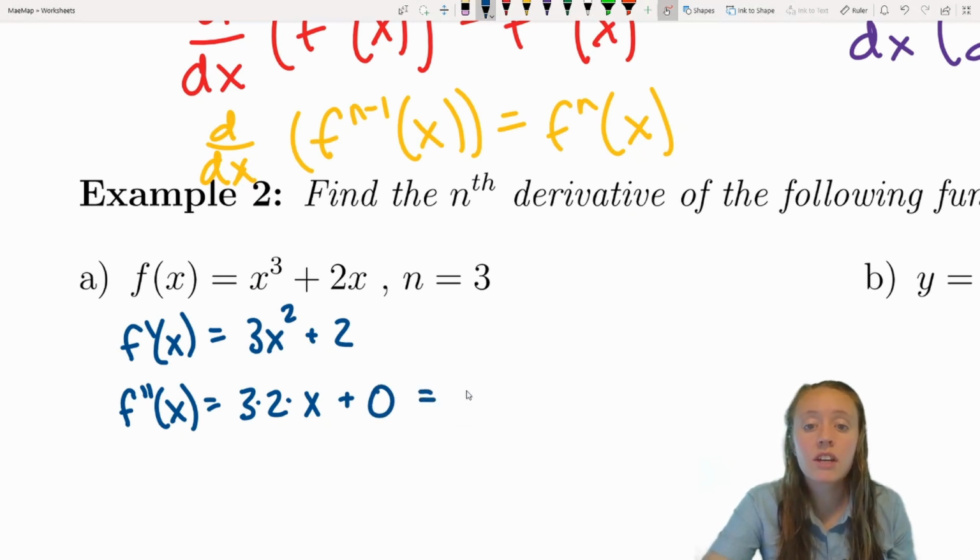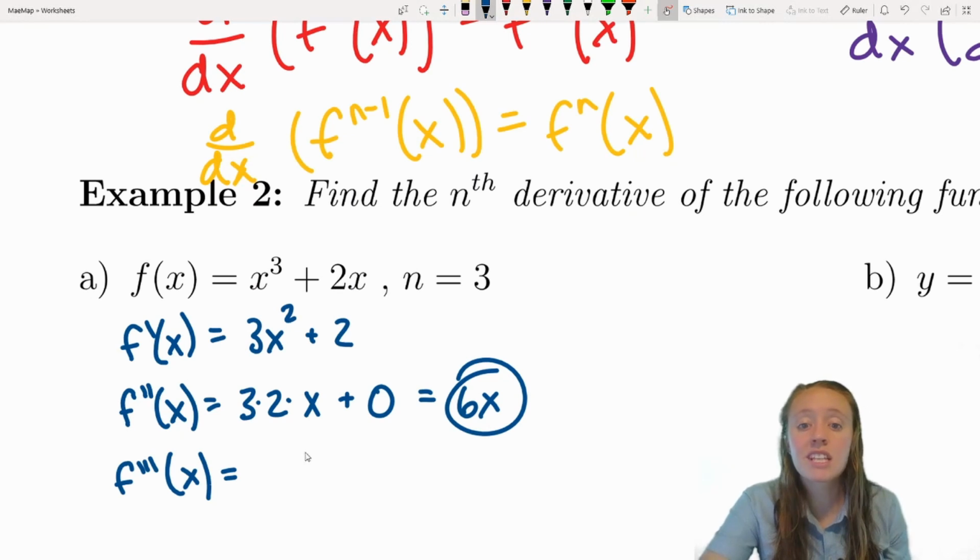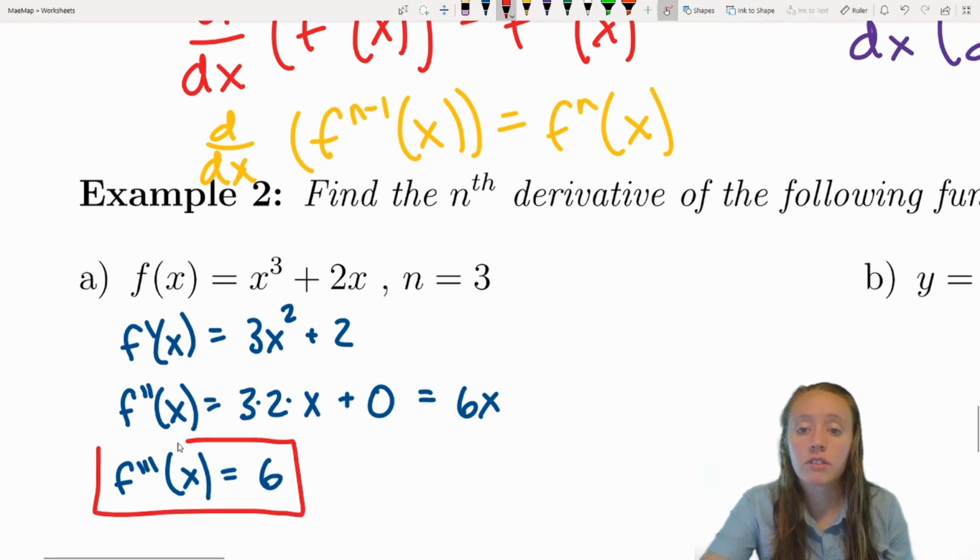So our second derivative is 6x. And then finally, if we take our third derivative, f triple prime of x, the derivative of 6x is just going to be 6. So that is our third derivative.